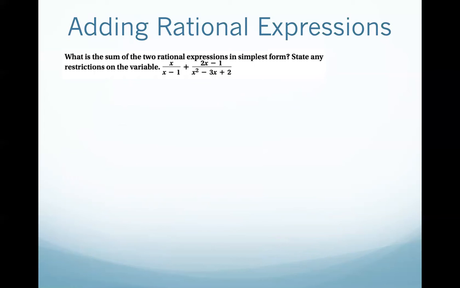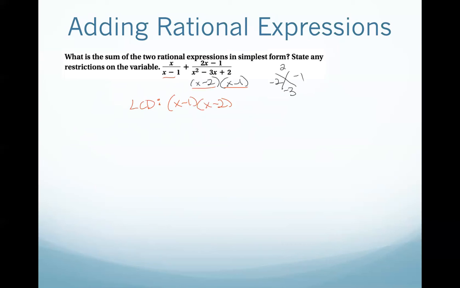The second fraction, to factor this denominator, I need 2 numbers that multiply to 2 and add to -3. That's going to be -2 and -1. So this denominator factors into x minus 2 times x minus 1. That means my LCD, I can use least common denominator here because these are denominators, is going to be x minus 1 times x minus 2.